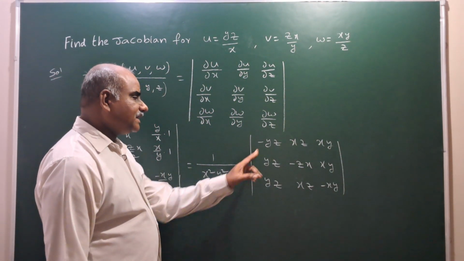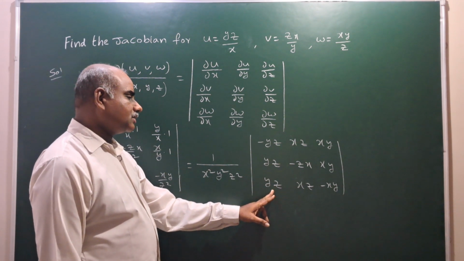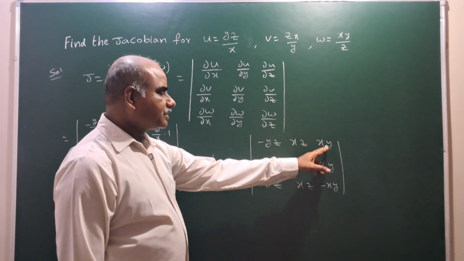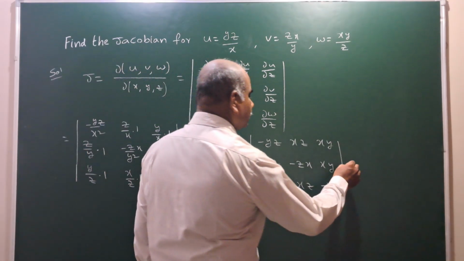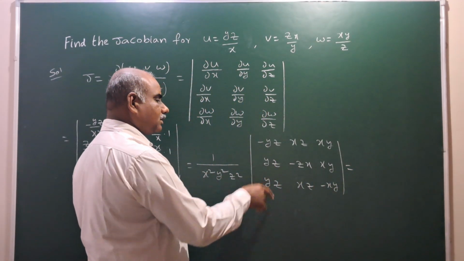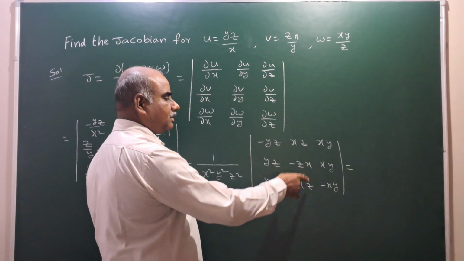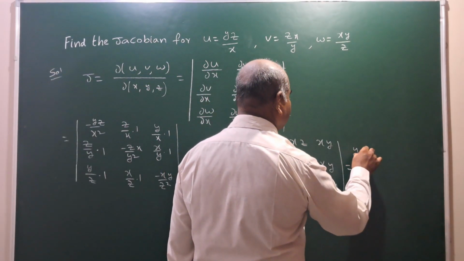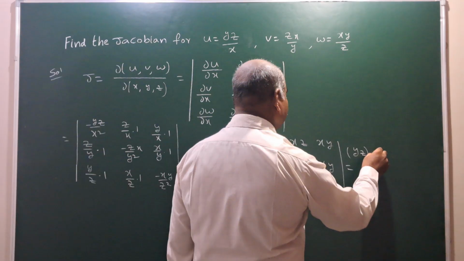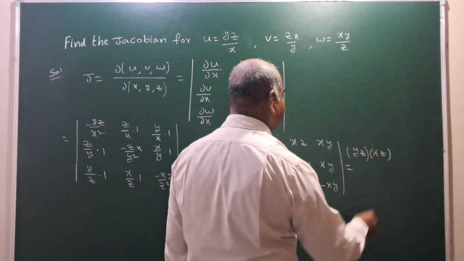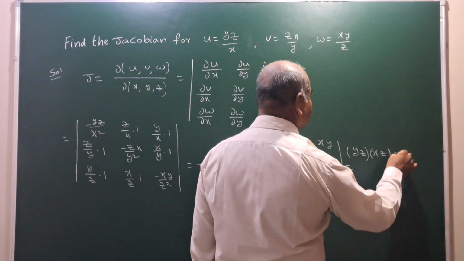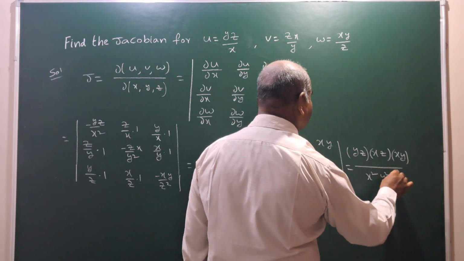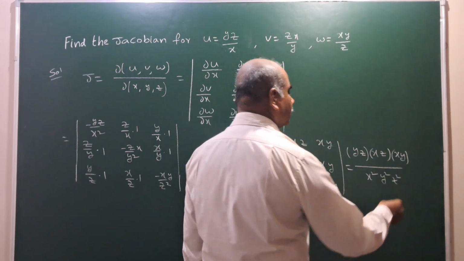Now we take yz as common from the first column, xz as common from the second column, and xy as common from the third column. Okay. Therefore yz from the first column, xz from the second column, xy from the third column. The denominator contains x square, y square, z square.